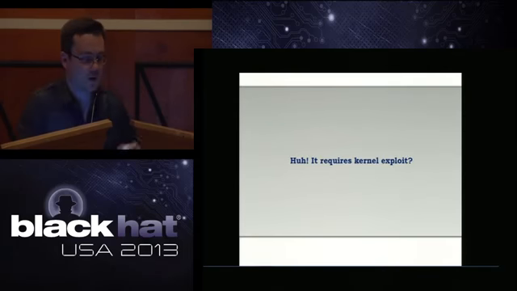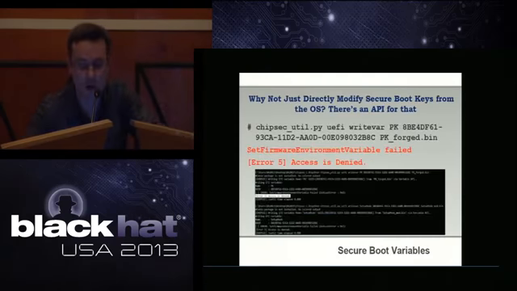So that exploit that we showed requires a kernel mode exploit. Obviously it's important. You got persistence, you compromised everything below the OS, including any security solution below the OS. But still, it's a kernel exploit. It's not that interesting. So why not just go from user mode and modify one of the keys used for secure boot?